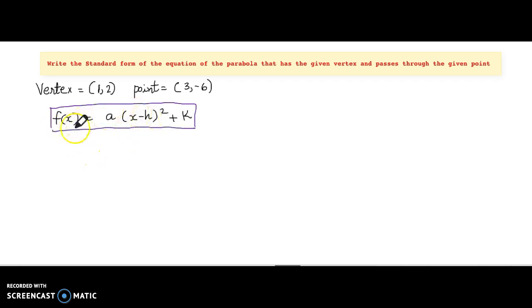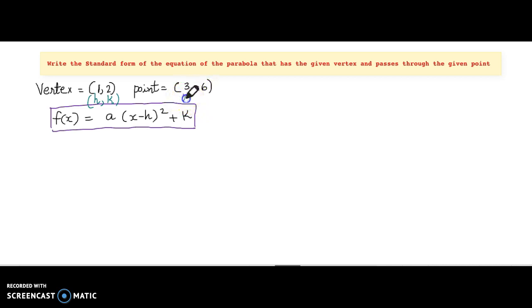With respect to this formula, we are going to identify what these given numbers are. The vertex is denoted by the letters h and k, right? So instead of h we can plug in 1, instead of k we can plug in 2 in this formula. A point is actually x and y. This is your x and this is your y.